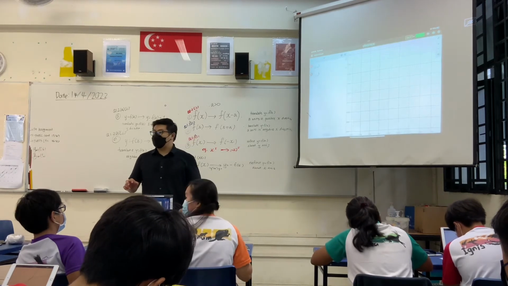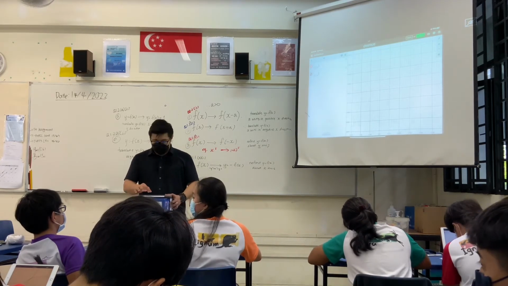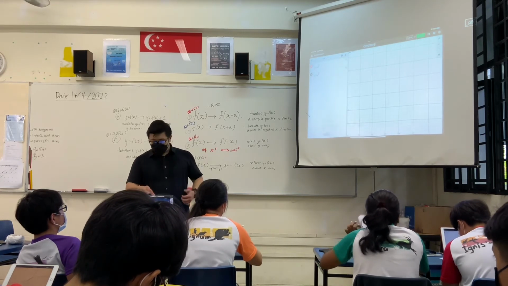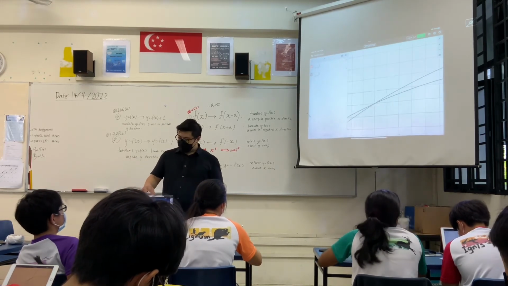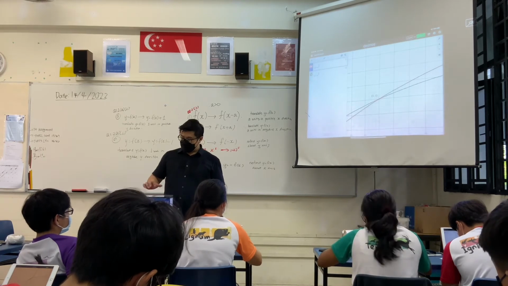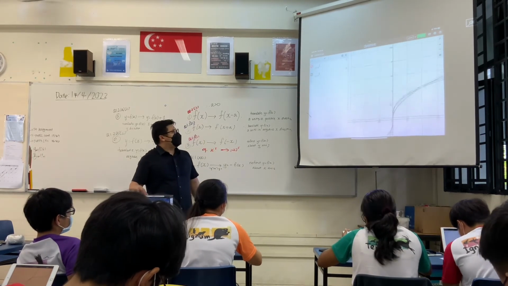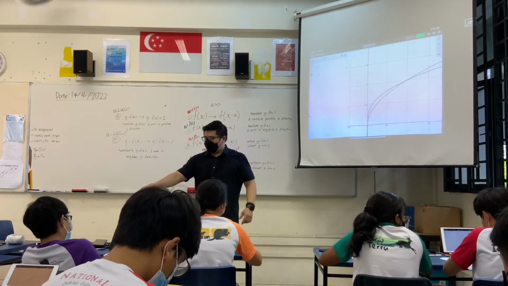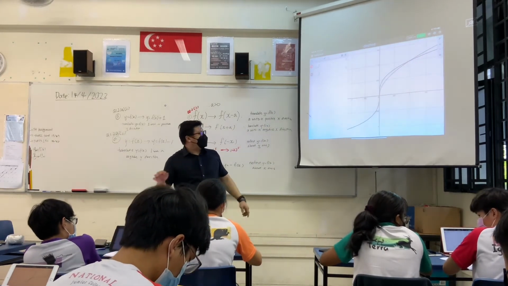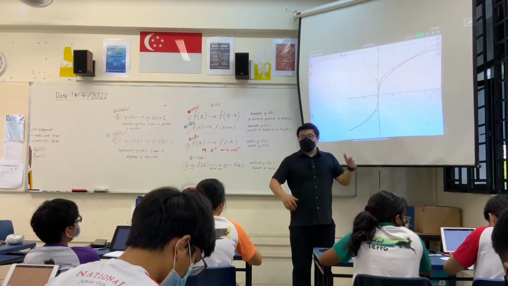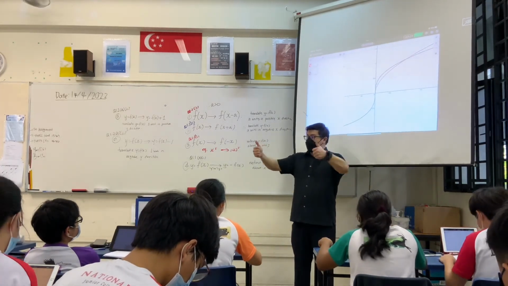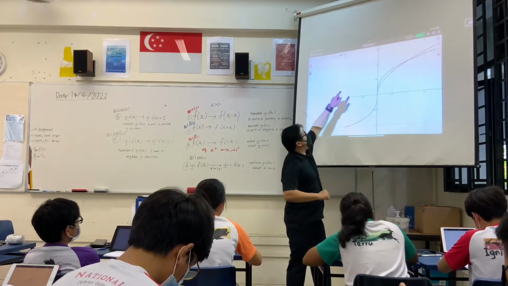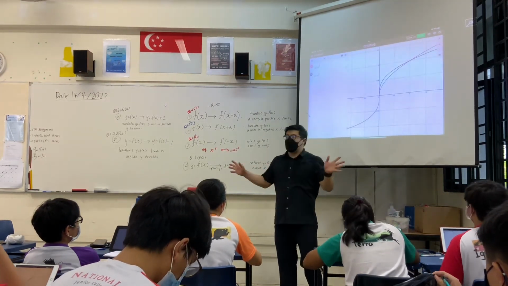Okay, so you notice that, compare the red and the black, x power 1/3 can be seen on the left hand side. Okay, because you can cube root a negative number, but you cannot square root a negative number. So x power half on the left, you don't see anything.